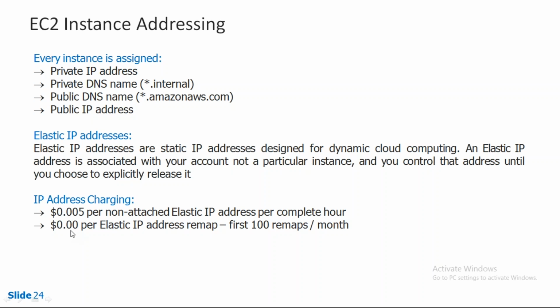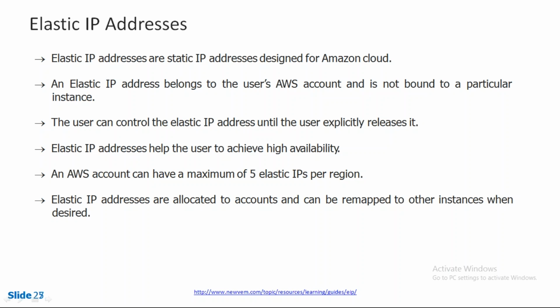So this is what you see, 0.00 per elastic IP address remap. First 100 remaps per month are free. Then so much you are going to be charged for a non-attached elastic IP address per complete hour. So whenever you go with it, you have to associate it with an instance. Then I'll show you an elastic IP address and the uses with that.